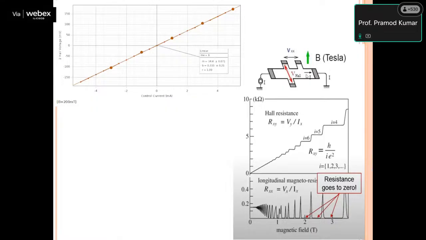Here we can measure two types of voltage. One is the voltage in the direction of the current, between these two contacts, which you can call V_x. The other voltage we can measure between these two contacts is perpendicular to the current.